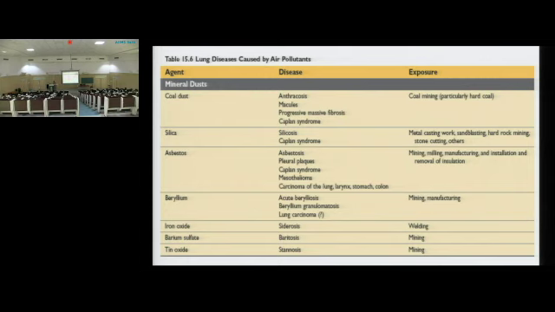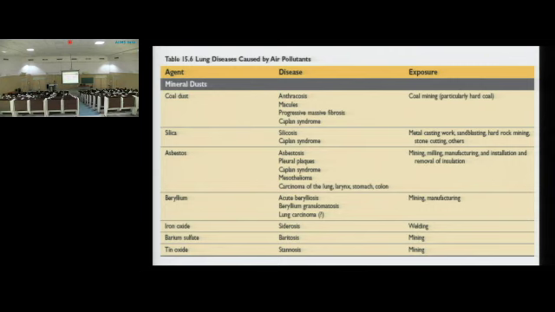That spectrum again varies from pleural parts to the malignant counterparts like bronchogenic carcinoma to mesothelioma. So asbestos is carcinogenic. Other rare things include beryllium, iron oxide, barium sulfate and tin oxide.